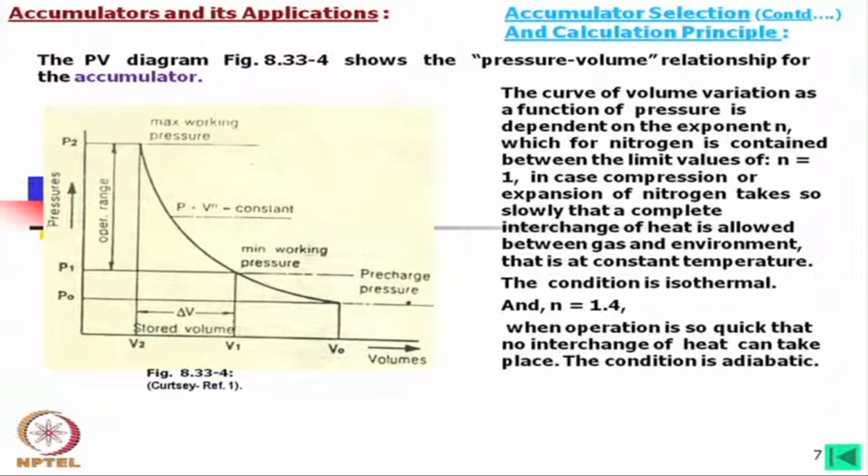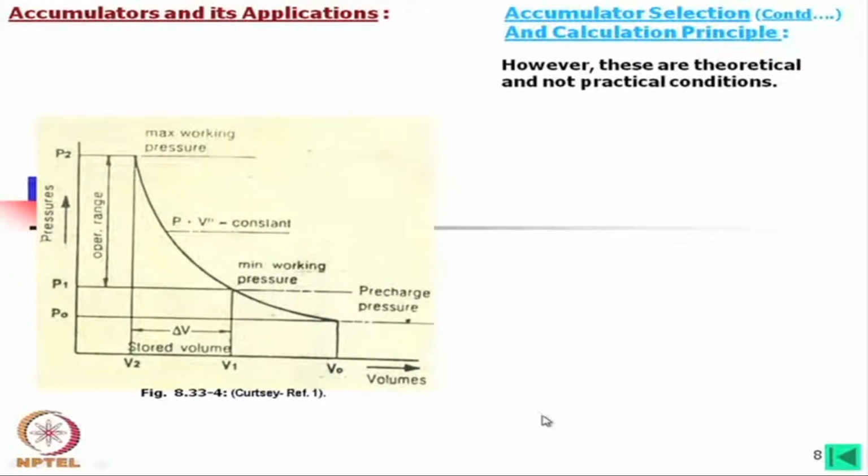When operation is so quick that no interchange of heat can take place, the condition is adiabatic. So, if there is a very quick change, then this condition is adiabatic, but when it is a relatively slow process, then we can call it isothermal. However, these are theoretical and not practical conditions.